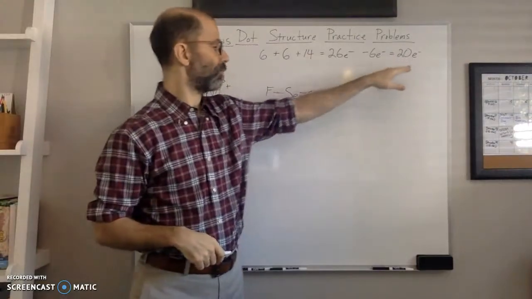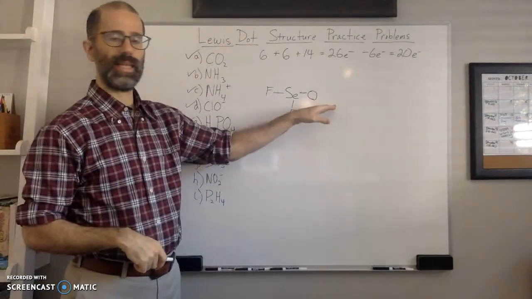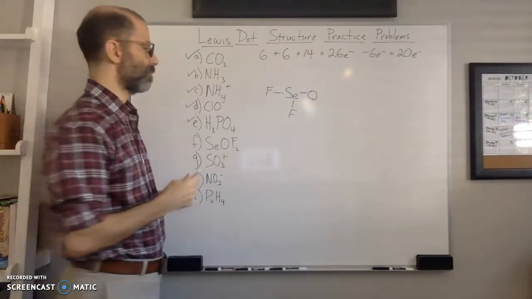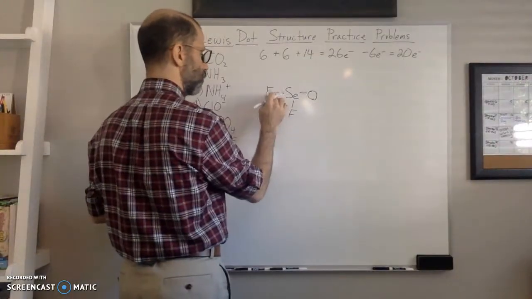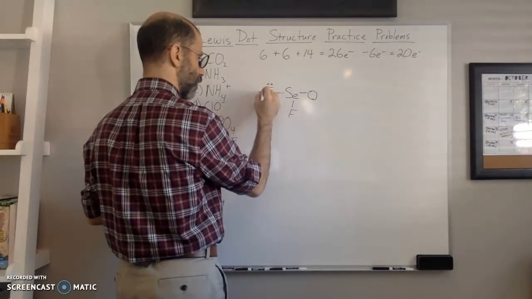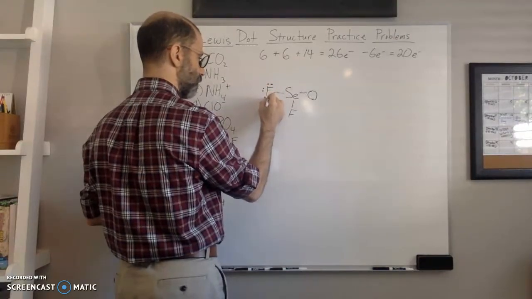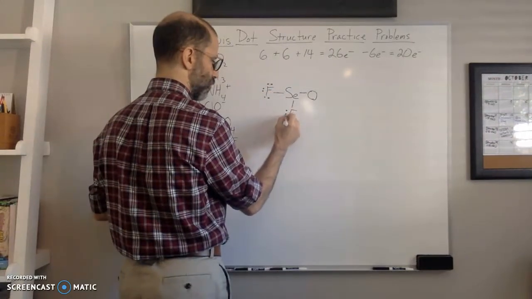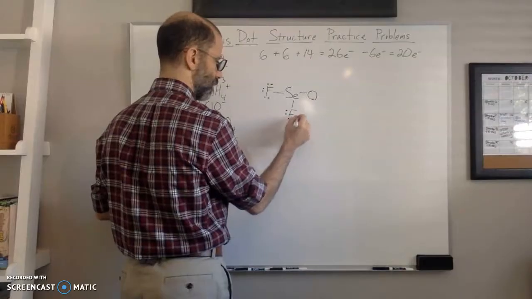The next step is we take electrons from here and put lone pairs on the outer atoms first to give them an octet. Fluorine has 1 bond, so it needs 3 lone pairs. Again, this one has 1 bond, so it needs 3 lone pairs.